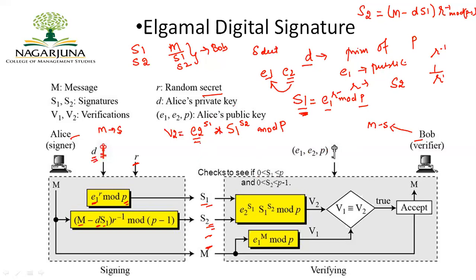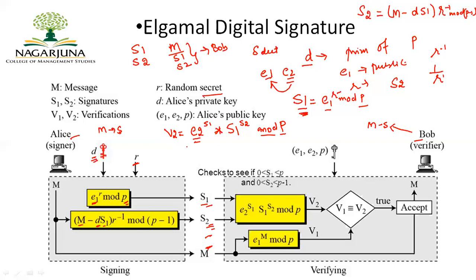So you perform a product operation between the public key to the power of the first digital signature and the first digital signature to the power of the second digital signature, by performing a mod operation with P. That will give you your V2.